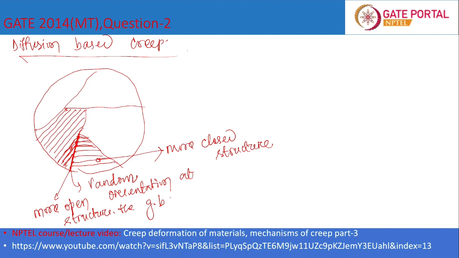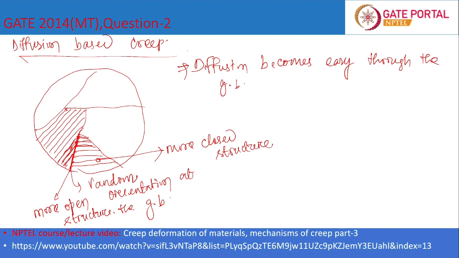So then diffusion becomes easy through the grain boundaries. Why? Because we have a more random structure, there is no ordered structure at the grain boundaries, and there is enough space for the atoms to diffuse through the grain boundaries.